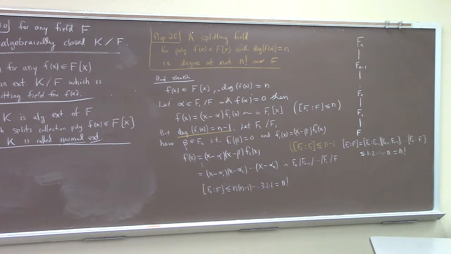Well, for the field to be algebraic over it, you already have to imply that these are zeros. Like every element's a zero. Alpha 1 is a zero, alpha 2 is a zero, alpha n is a zero. And so when you put all those factors together, you immediately get a polynomial that splits completely over the field.